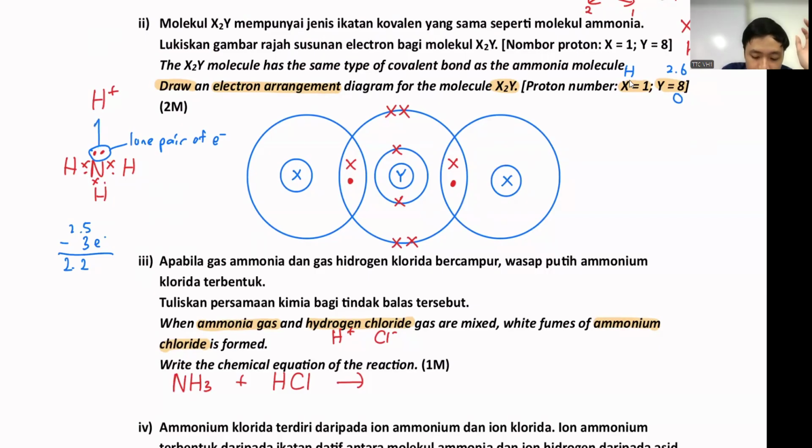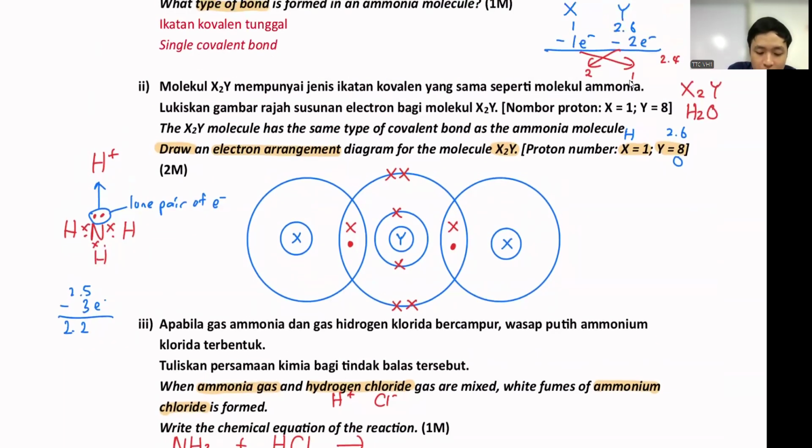It can directly share to the poor hydrogen ion. Because hydrogen has 1 electron. After donate, it becomes H plus, it becomes 0 electron.